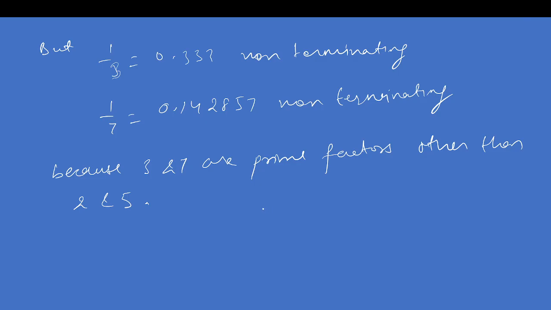Okay, I hope you get what I'm trying to say. Out of the four prime numbers, your decimal will terminate only when the value of q is 2, 5 or a multiple of 2 and 5.